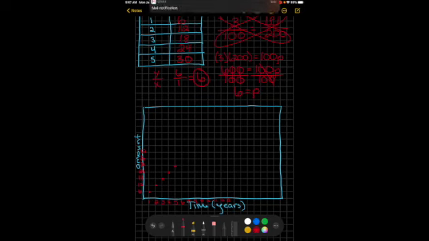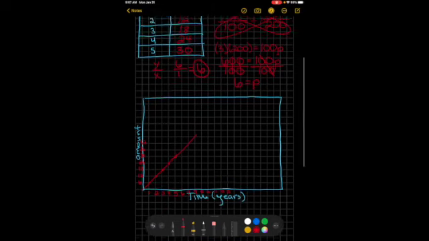And I know that this graph is showing me that I am going to keep earning interest as long as I don't take that money out of the bank. And it's going to keep going straight. As long as I leave that money there, it'll keep earning interest.